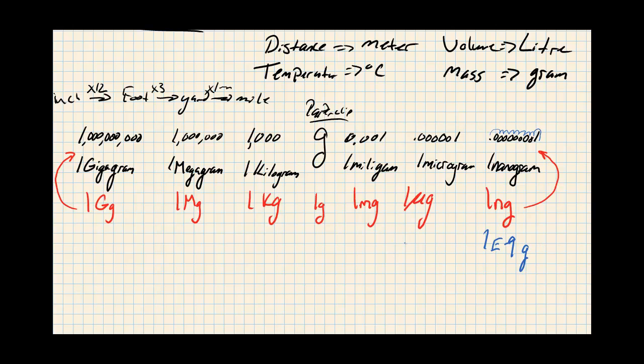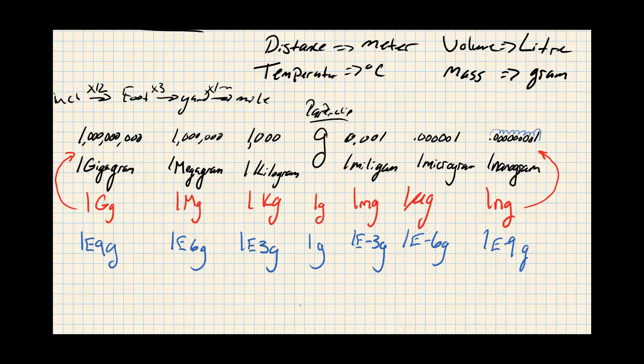This is, by the same token, 1 e to the negative 6 grams. This is 1 e to the negative third grams. This is just 1 gram. This is 1 e to the positive third grams. 1 e to the sixth grams. 1 e to the ninth grams.